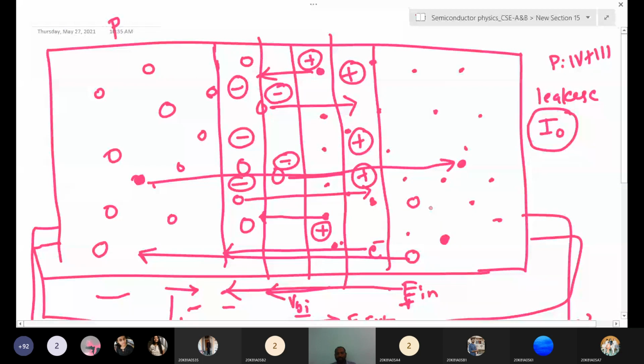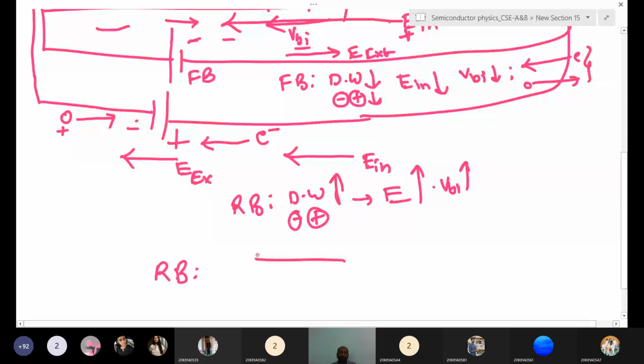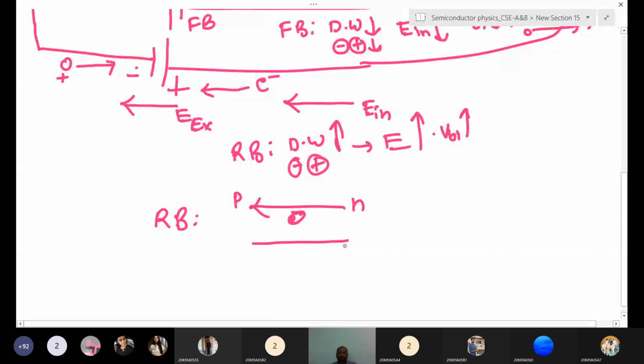In reverse bias, electrons and holes drift, holes from N to P and electrons from P to N. This is the drift process, and it is the main dominant process in reverse bias.